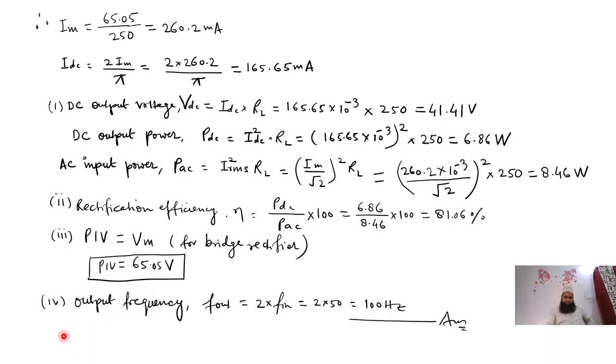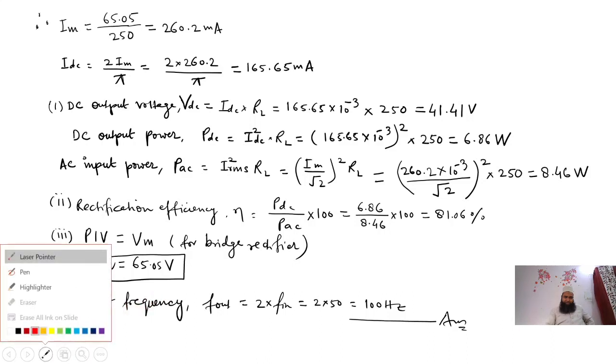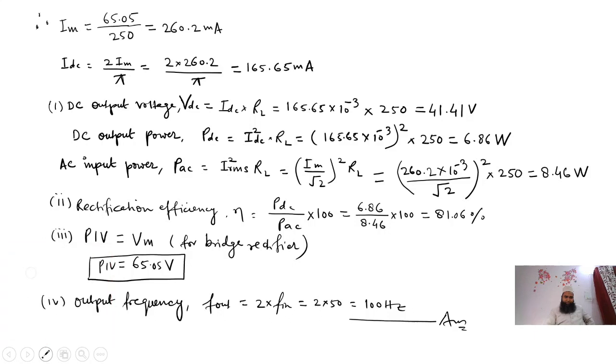Output frequency. In one cycle we have 0 to pi, and we have 0 to 2 pi.